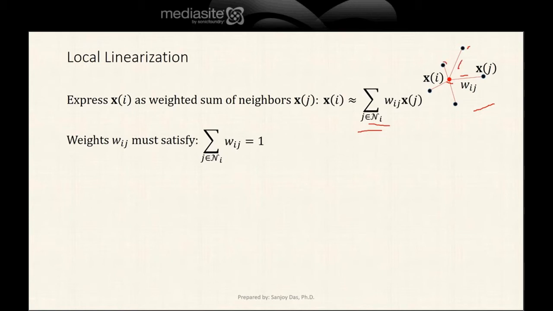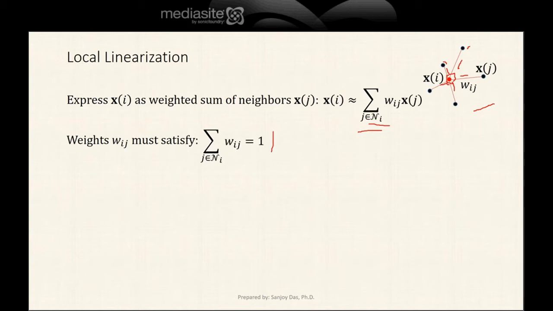If the sample is 2, then this is wi2. This is wi3, this is wi4, and so on. So wi1 plus wi2 plus wi3 and so on, all the weights that are connected to xi, should add up to 1. And this property should hold for every sample xi.